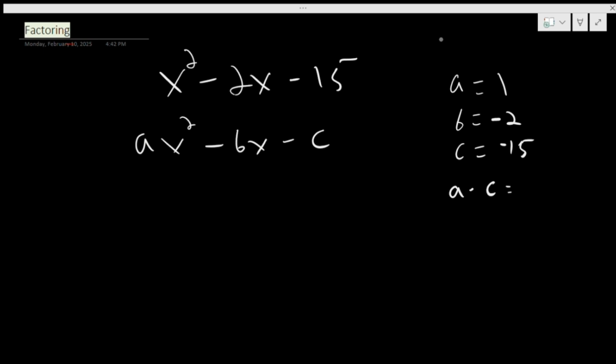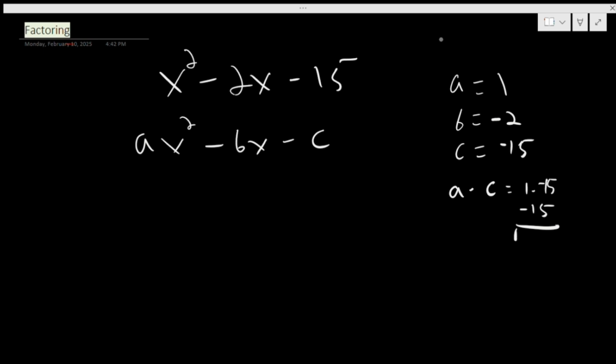That's 1 times -15, and that's going to give us -15, right? Now with -15, we have to find numbers that multiply to -15 but also add up to give us -2, the coefficient of x.